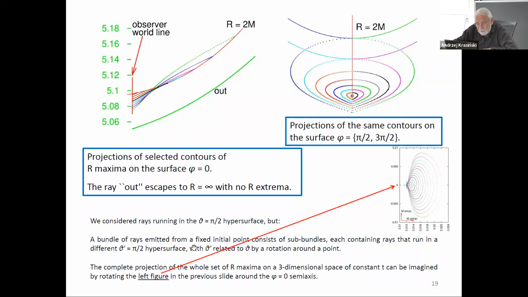They are connected to each other by rotation about a point. So the complete projection of the whole set of our maxima on a three-dimensional space of constant t can be imagined by rotating this figure around the phi equals 0 semi-axis. Okay, so in this direction.